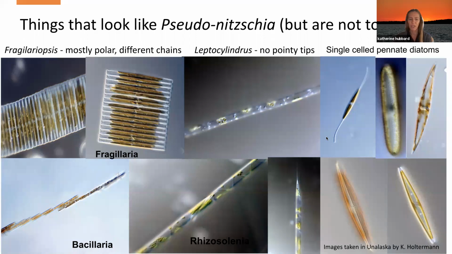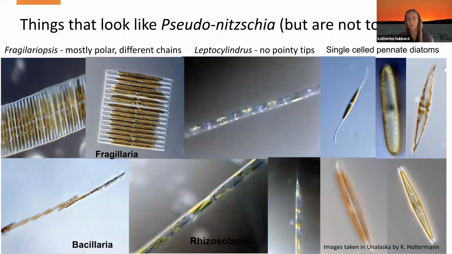When they form chains, you can see these different types of chains, and some of them may end up stacking, like Fragilariopsis or Fragilaria. There's another one in the middle, which is Leptocylindrus. Those are cylinders, but those can get really, really small and sometimes look very similar to some of the smaller Pseudonitzschia types.